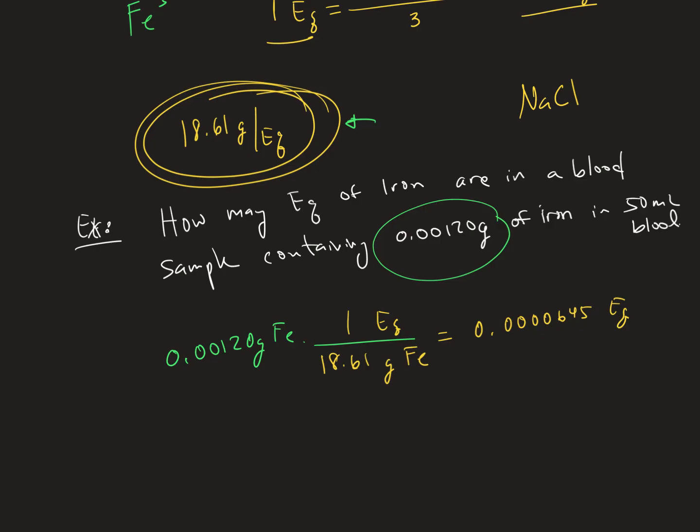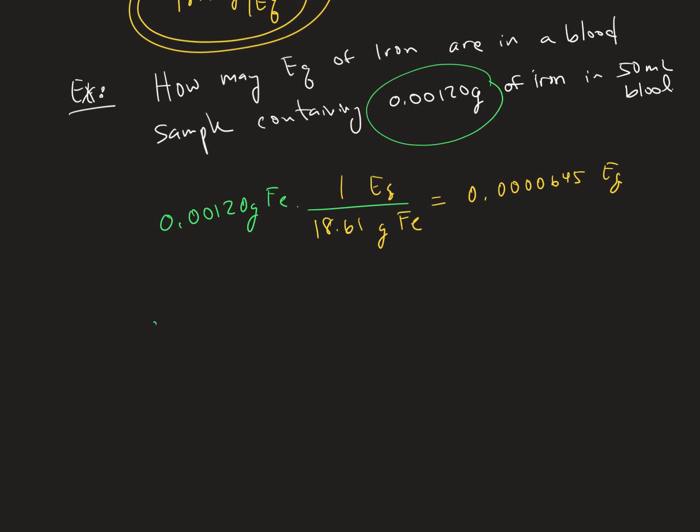So instead of equivalents, can we change it to milliequivalents? Did that scare anybody when I said that? What if I had liters and I wanted to change it to milliliters? Can we do that? It's the same thing, right? Just a different unit.